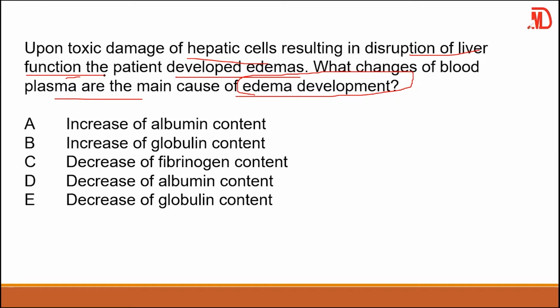And we know that albumins or proteins in general are produced from the liver. So now that we are having a liver problem, what it means is that we are not having a lot of albumin being produced to be inside the blood vessels.